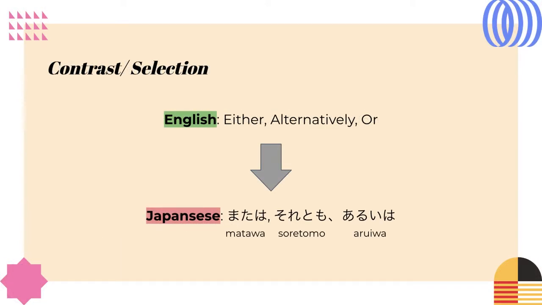So what's contrast/selection? In English, we use either, alternatively, or.